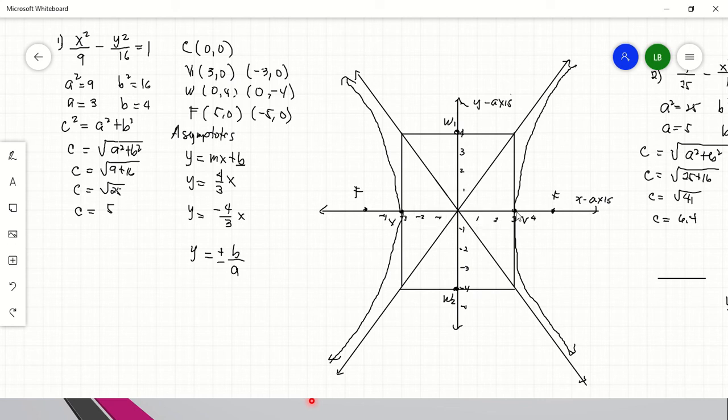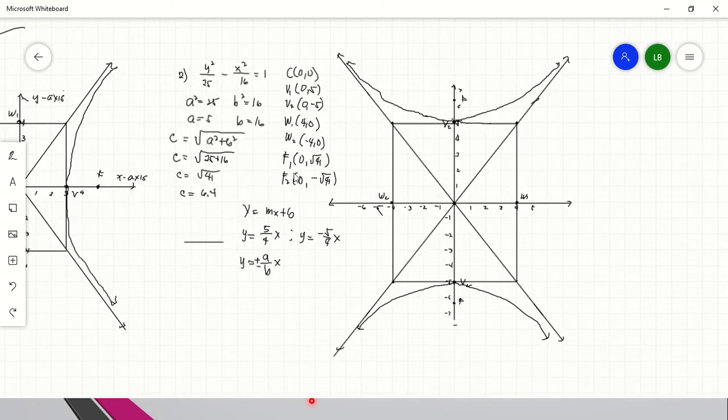Ito yung 2a, ito yung 2b. Kahit na mas maliit pa si a kaysa sa b, ito pa rin si transverse axis, ito si conjugate axis. So, dito naman sa isa, ito si y, siya yung positive.